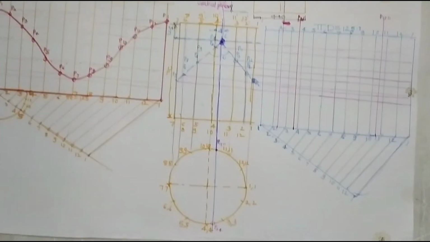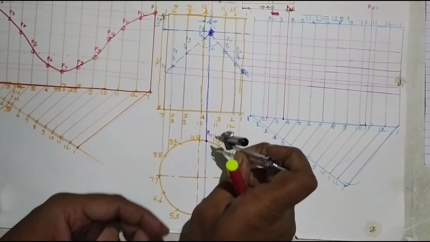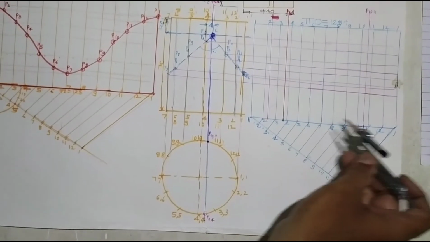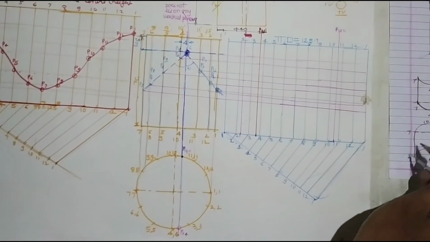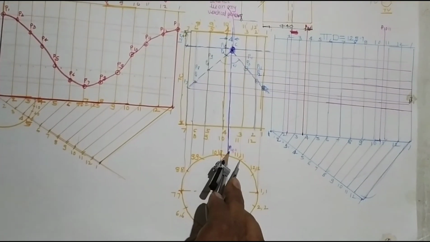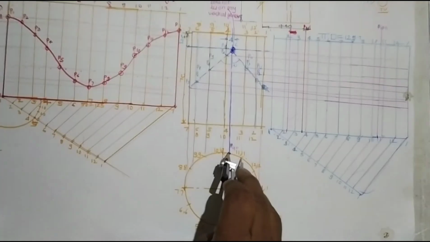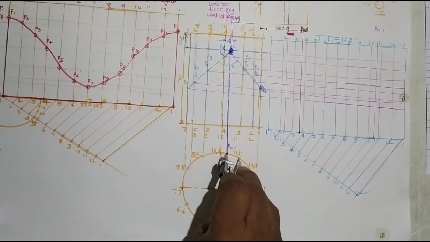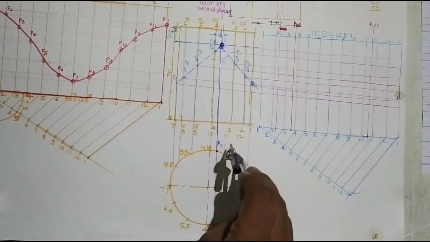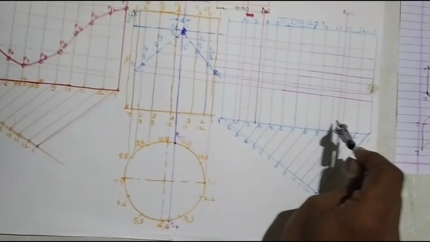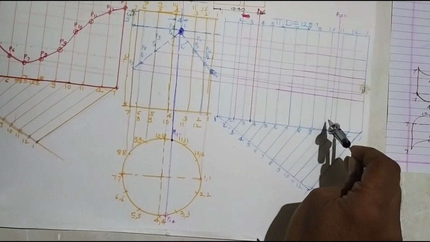Similarly, I have kept the metallic pointer on the back side of the cylinder, on 11. Distance to P10 on the circle. Where is 11? Okay, this is the point 11.